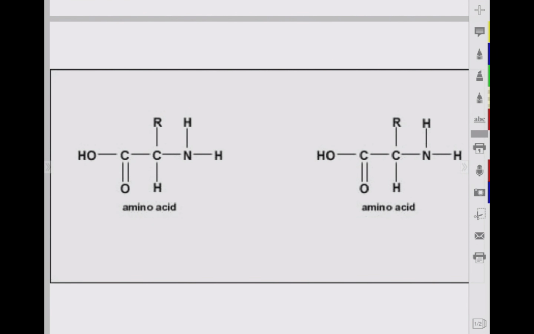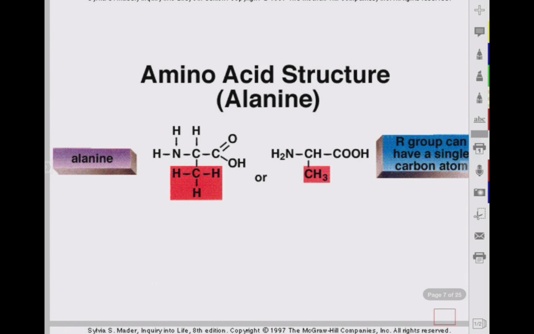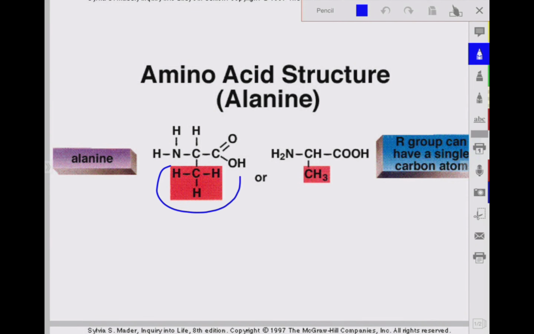That's it there, but sorry, no animation here, so I thought I'd pop out. There you go. So your amino acid structure is just a little bit more on that. For example, there's alanine. And when you begin to study a little bit more biochemistry, that can be written a couple of ways. A CH3 group, sometimes called a methyl group, right?